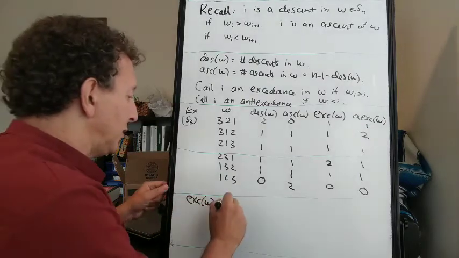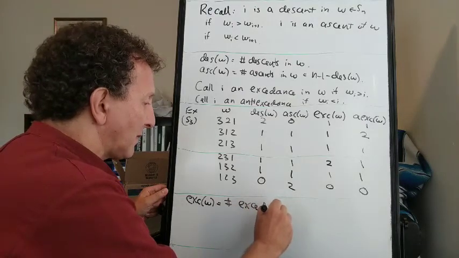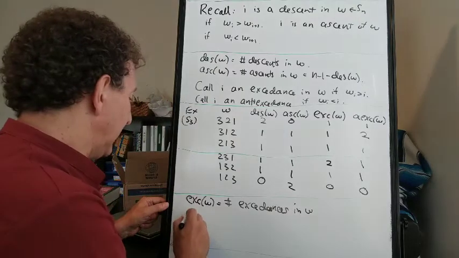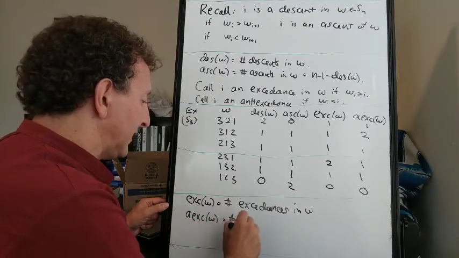So EXC of w is the number of exceedances, and AEXC is the number of anti-exceedances.